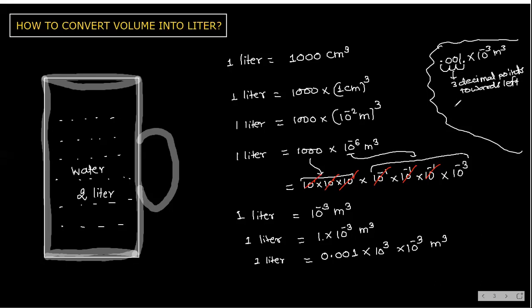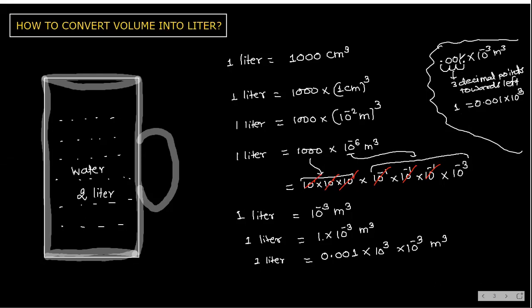So this one I can write like this also now. How can I write? 0.001 into 10 to the power 3. You just multiply, you will get 1 only, no? Yes or not? 0.001 into 10 to the power 3 means 1000 into 0.001, 1 only, no?